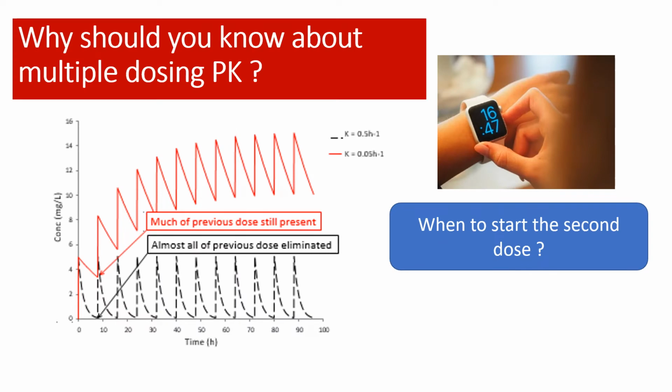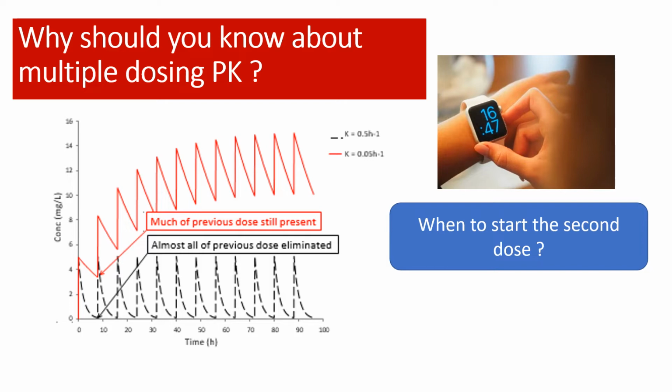So the very first question is why we should know about multiple dosing pharmacokinetics, or you can say when to start the second dose. Basically, pharmacokinetic accumulation will occur if a significant proportion of one dose is still present at the time when the next dose is due. Let's move to the lower trace, the black dotted line.